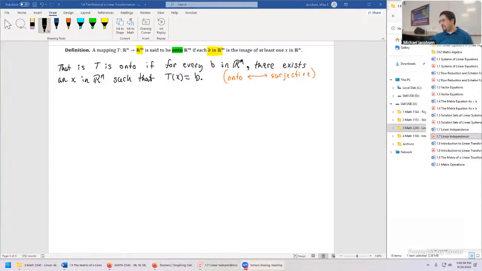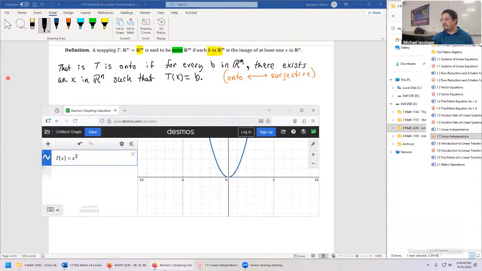I can't necessarily say this is not onto unless I specify what the codomain actually is. So let me also say T is going to map R to R. So I'm just using simpler, ordinary real valued functions from a real domain.